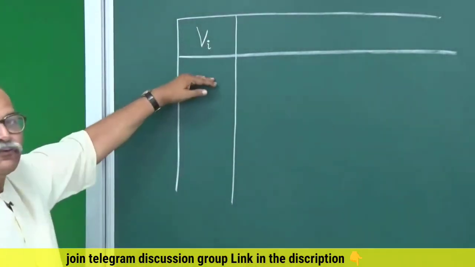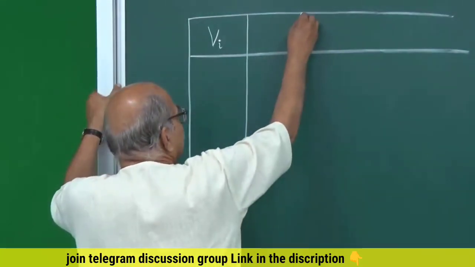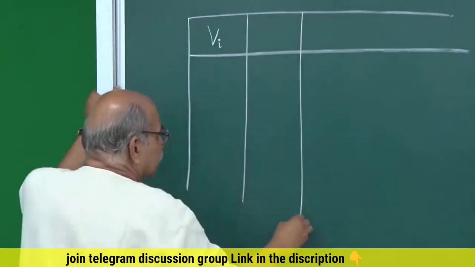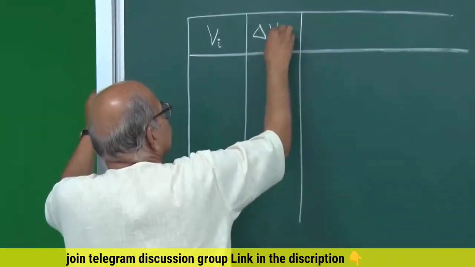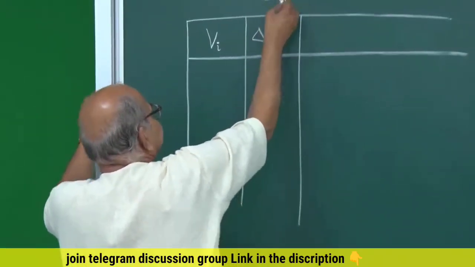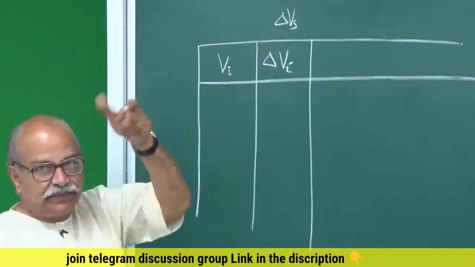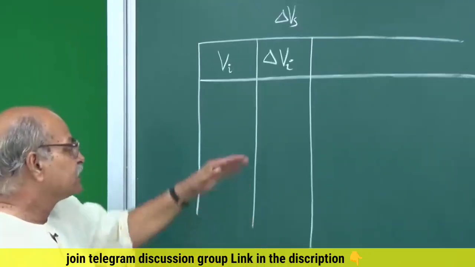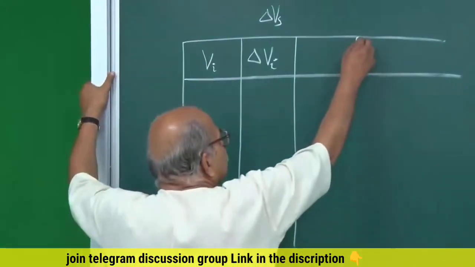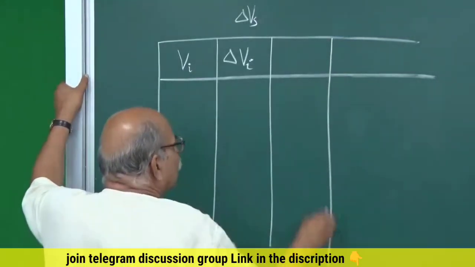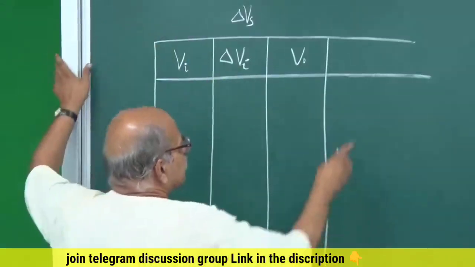Different input voltages we will write here, and this next column is for delta of Vi, which is the same as delta of Vs. Whatever change in the input voltage is the change in the signal, because VBB is always fixed in a given circuit. Similarly, output Vo we will write here, and then we will see how the output voltage changes.